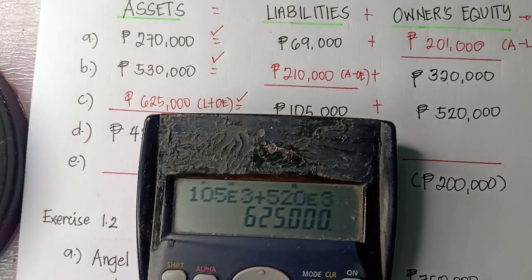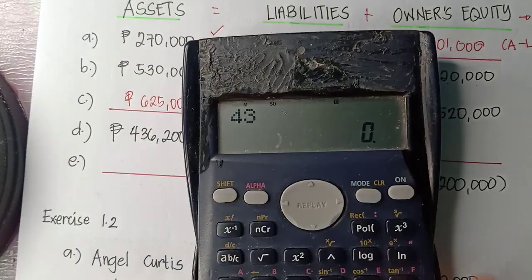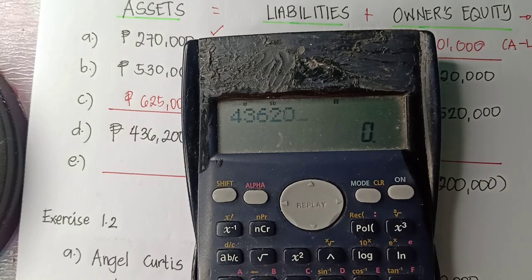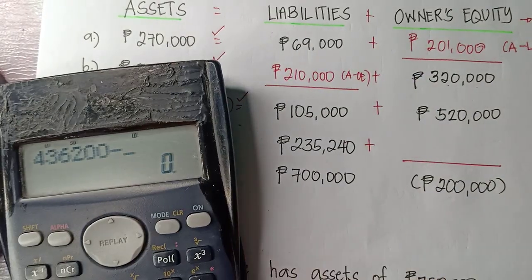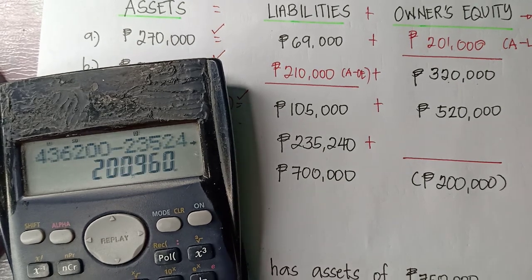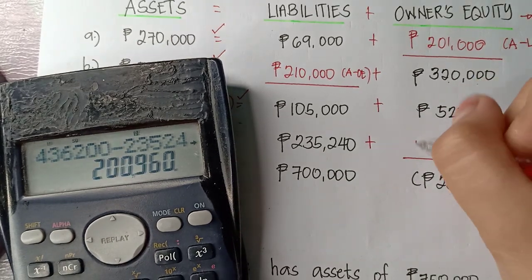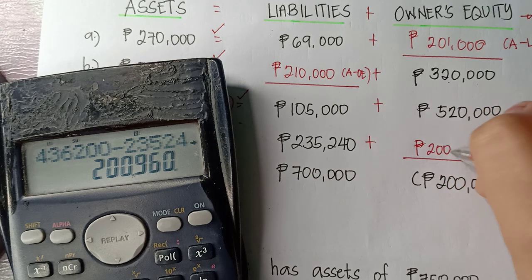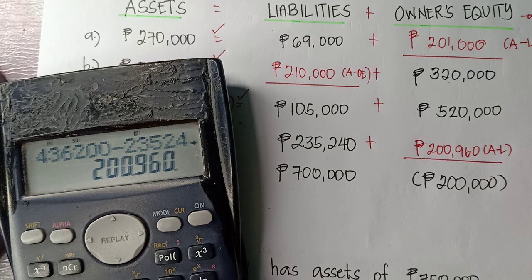So, 436,200 less 235,240. Our total owner's equity is 200,960, assets minus liabilities.